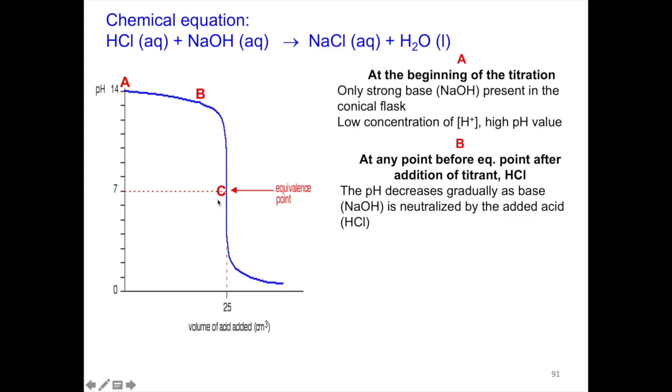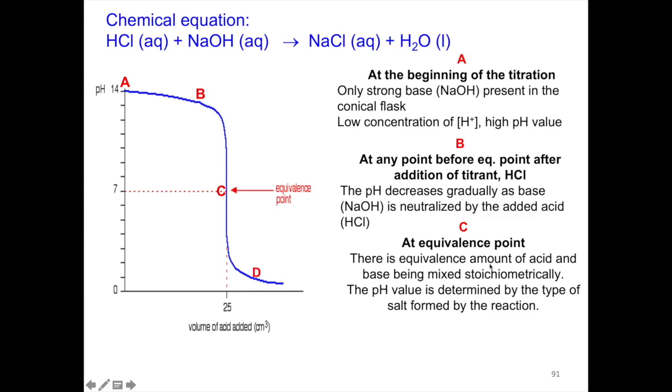At this point, there is an equivalent amount of acid and base mixed stoichiometrically, and the pH value is determined by the type of salt formed by the reaction. So it has the same pH value as the previous one, which is equal to 7, right? So the pH of the equivalence point is equal to 7.